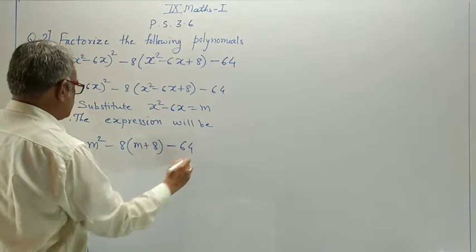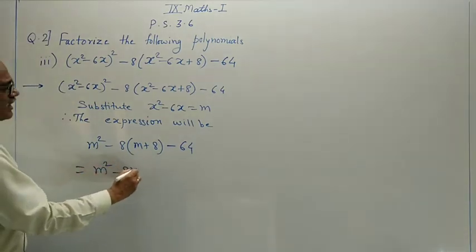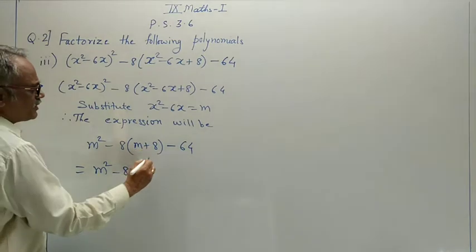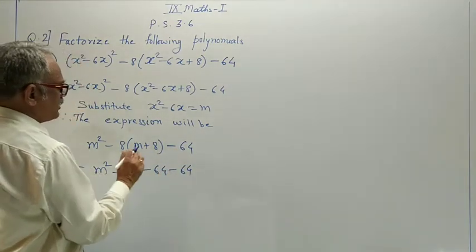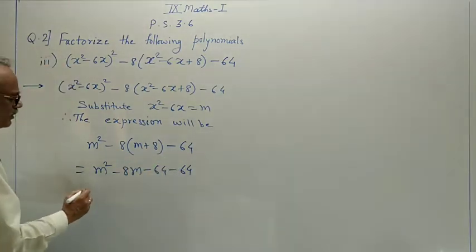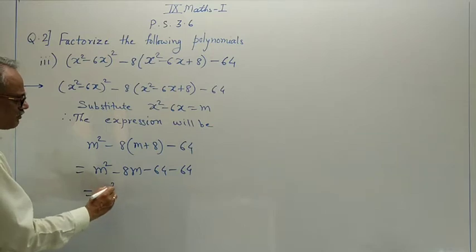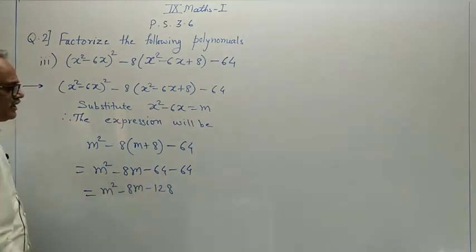This is m² − 8m − 64 − 64, where minus 8 into plus 8 is minus 64. Eight 8s are 64, both are minus 64, so minus 128.